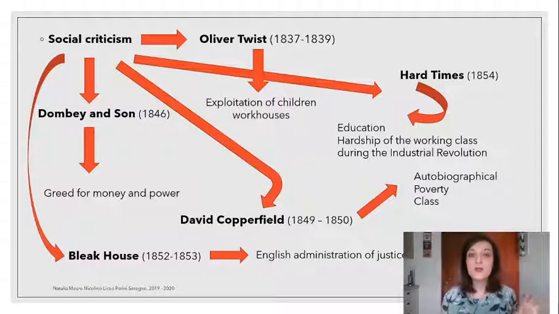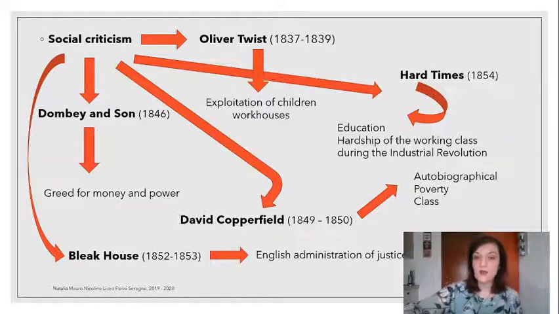And it also criticizes the hardship of the working class during the Industrial Revolution, the difficult life, full of problems, which the working class had to live during the Industrial Revolution.